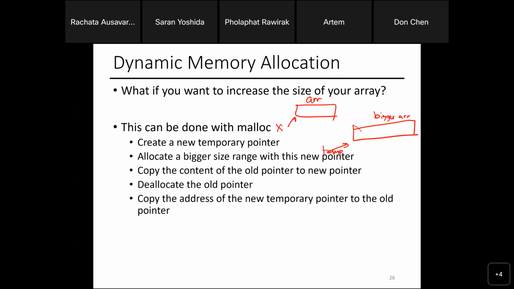Then you copy everything over. Then you get rid of the old one. Then you make sure x now points here. Basically, create a new temporary pointer for your new space, allocate a bigger size for that temp pointer, copy everything from the old content to the new content, deallocate and free up the old content, which we're going to discuss how to do, and make sure the old pointer now points to the new temp pointer.